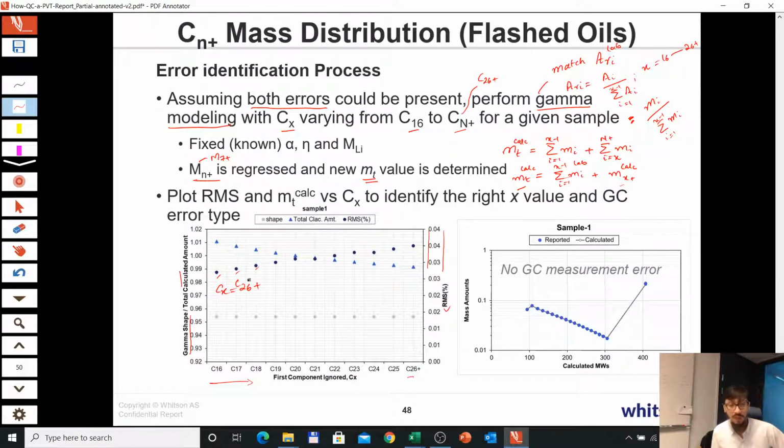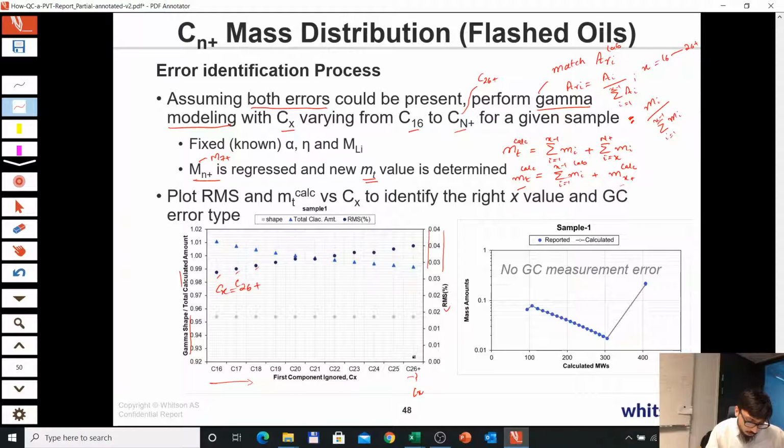Okay, so that's the first thing that we have figured out. Now we will utilize the data from the total calculated mass. Since we have determined the Cx value, we will look at the total calculated mass at that Cx value. So this is our Cx.